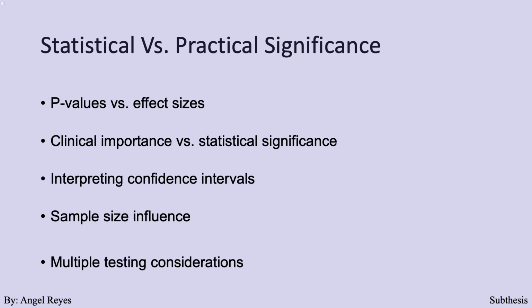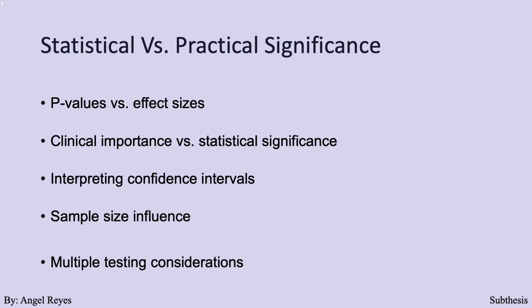Clinical importance depends on context. Even small effects may be meaningful for serious outcomes, while larger effects might be irrelevant for minor conditions. Confidence intervals provide valuable information about precision and effect magnitude that p-values alone cannot convey.